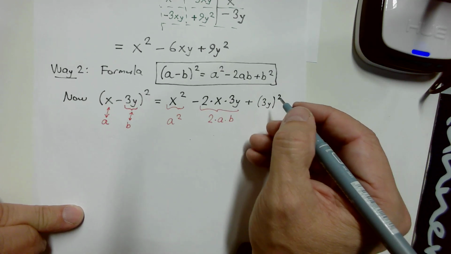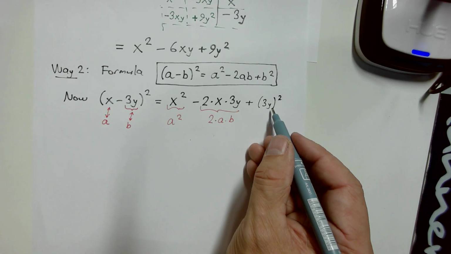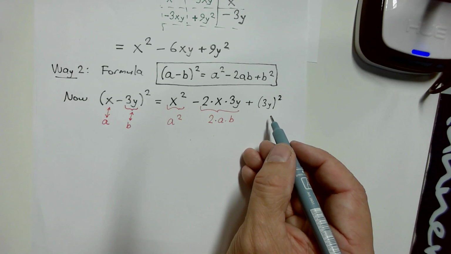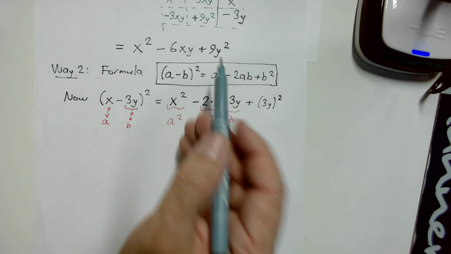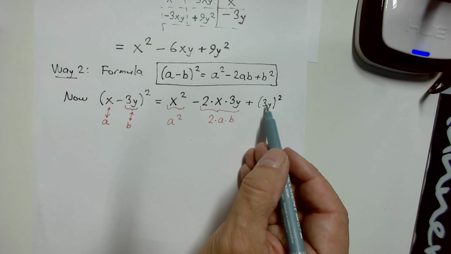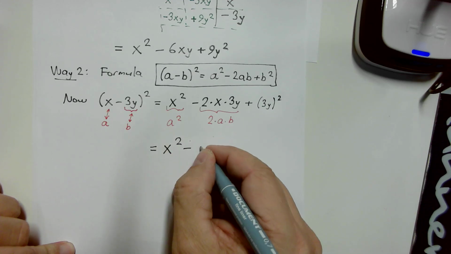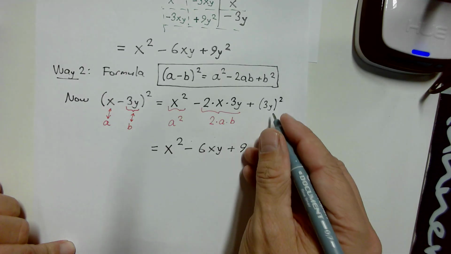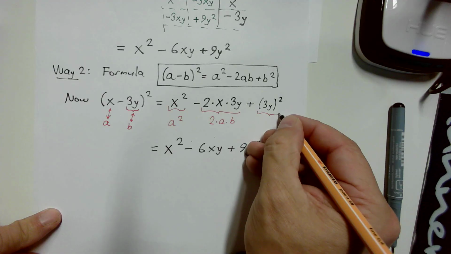Here we have to remember to put these brackets, because without brackets the most common error is that we have only 3 times y squared. But it should be 9, because this 3 should also get the power of 2. So here we have the final result: 3 squared equals 9, and y squared stays y squared. So this was b squared here.